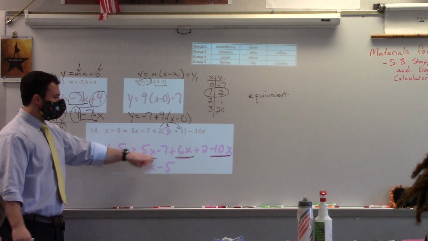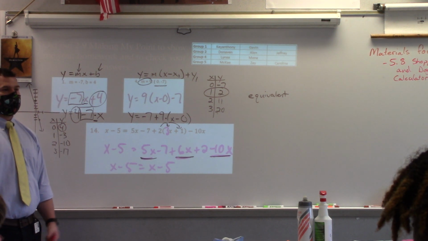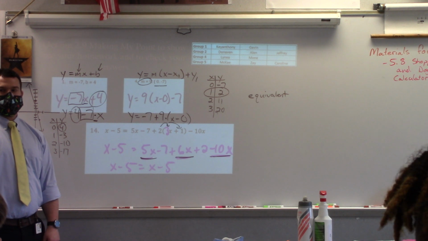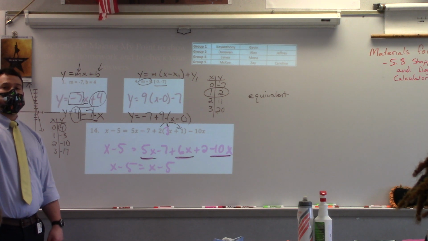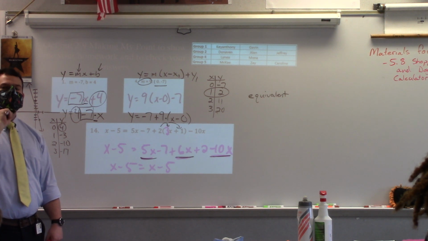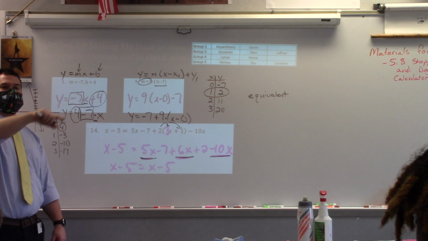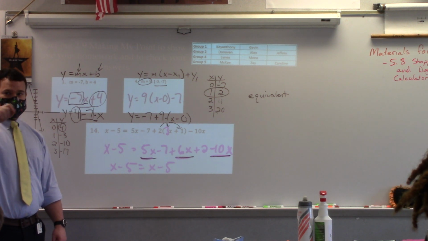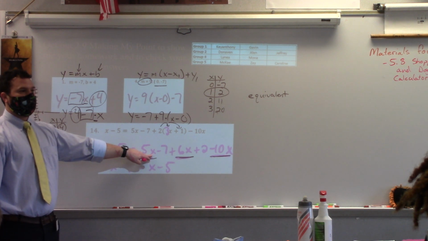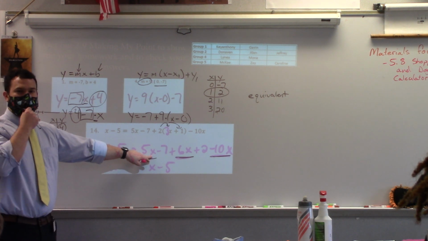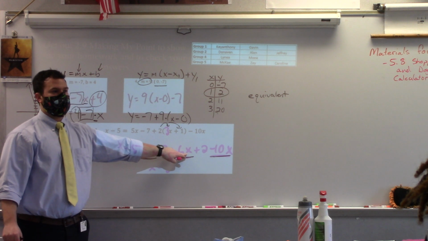When I say 5 times x, what do I really mean that I'm doing? What is multiplication? What did you say, Caroline? Donovan, what did you say it was? Multiplication is repeated addition, right? So how many x's am I adding right here? 5. 6 times x.